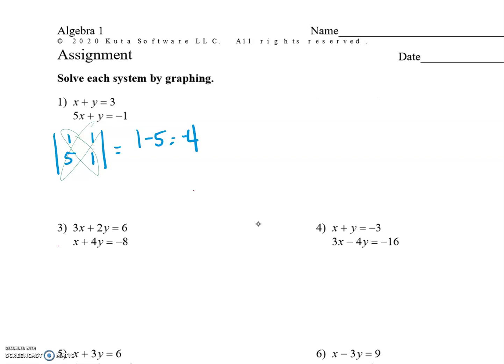So now I'm going to find my x. So I need to replace my x coefficients with the solutions. So I'm going to have a matrix of 3, 1, -1, 1.